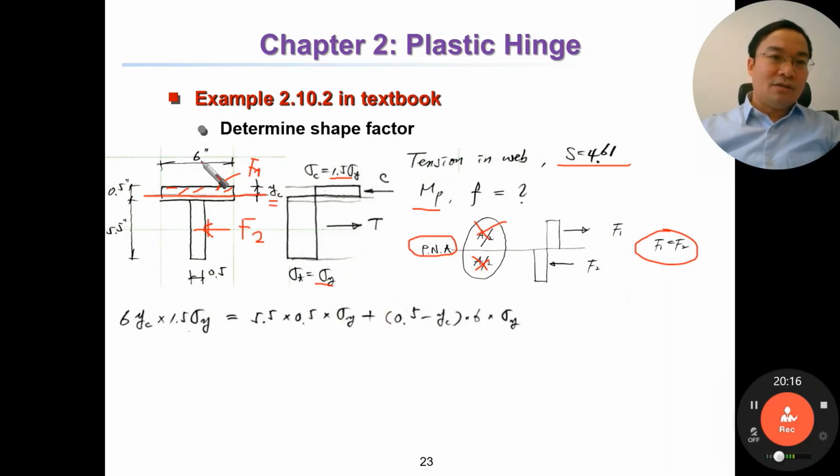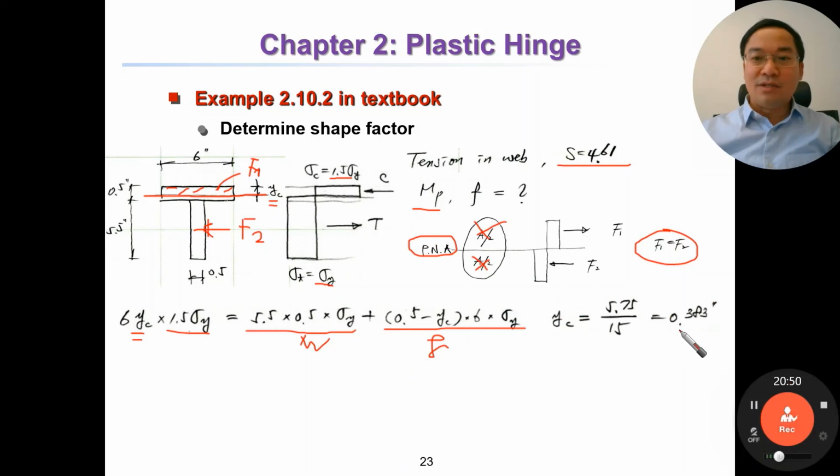F1 equal to 6 multiplied by Yc multiplied by 1.5 sigma Y. And what is F2? F2 can be divided into two parts, web and flange. This is F2 in the web, and it is F2 in the flange. Okay, then only one unknown. Here is Yc, then we can calculate Yc equal to this one.